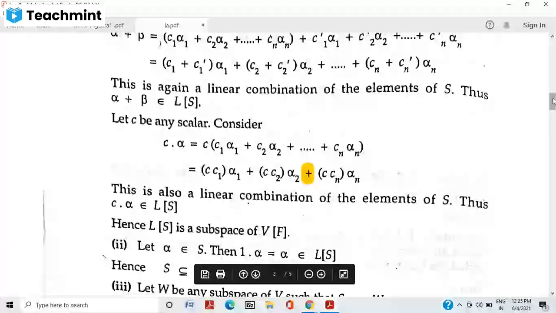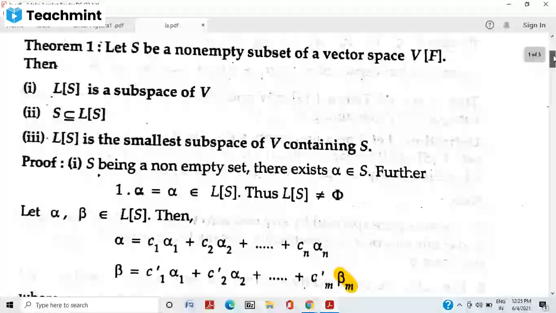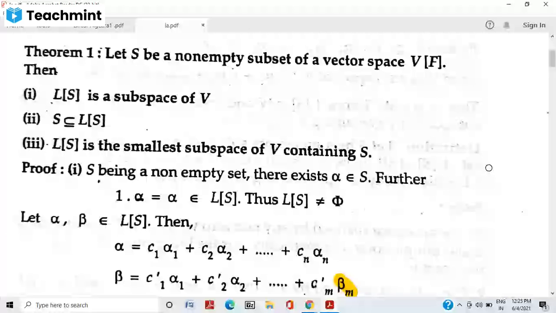See if you understand the concept. What do we have to show? We will just revise that first part, then we will move on to the second part. What do we have to take? S is a non-empty set, so at least one element will be there. We take alpha belongs to S. Alpha belongs to S means alpha can be written as 1 into alpha.